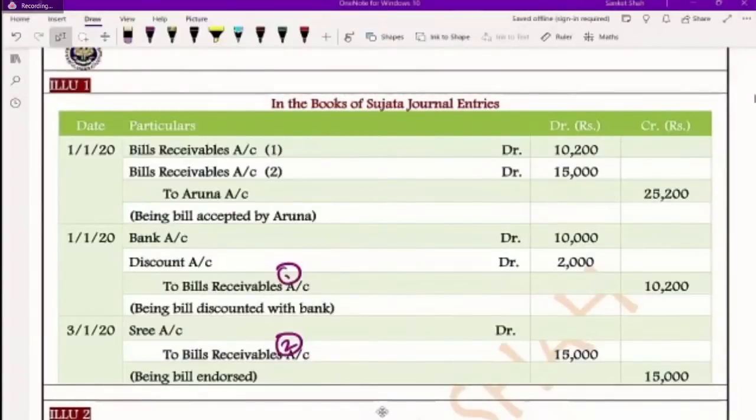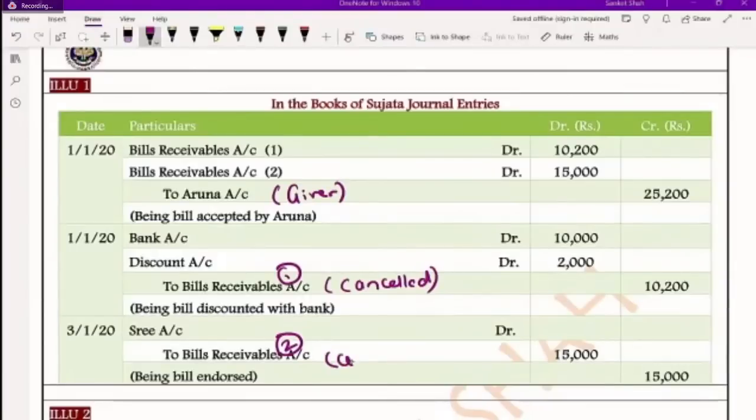One bill is discounted and another bill is cancelled. You can take a screenshot. Bills receivable cancelled. And here it is bills receivable cancelled.